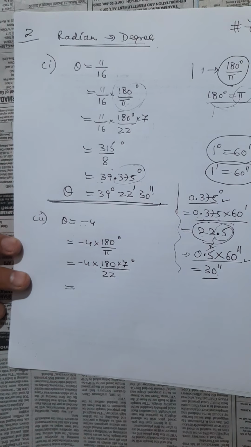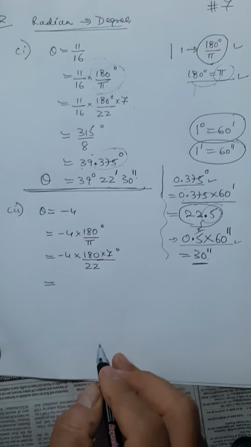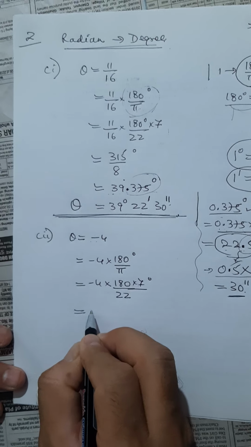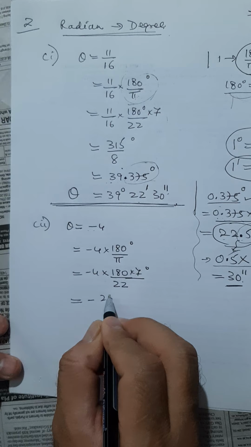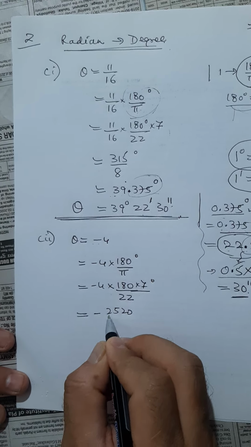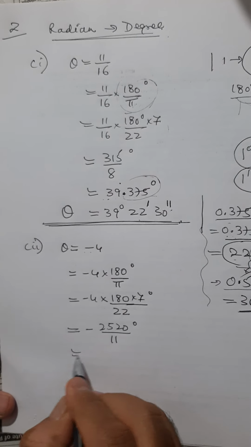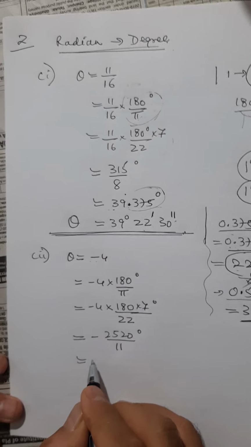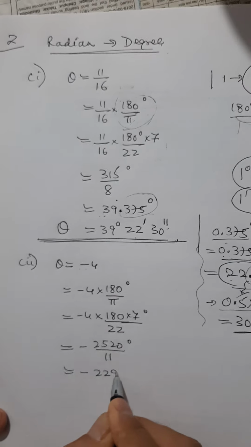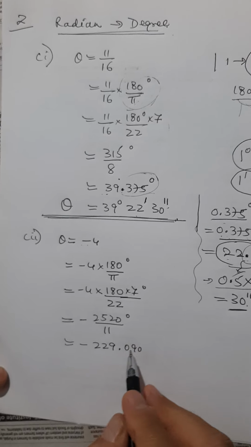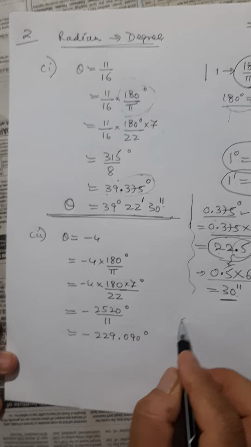Now you just simplify. If you simplify this, minus sign is already there, 2520 by 11 degree. Now use calculator. You will get minus sign as it is, 229.090. This is in degree.